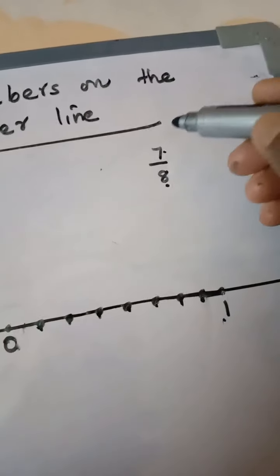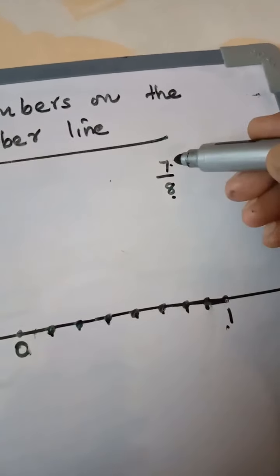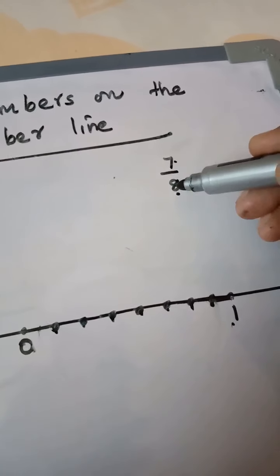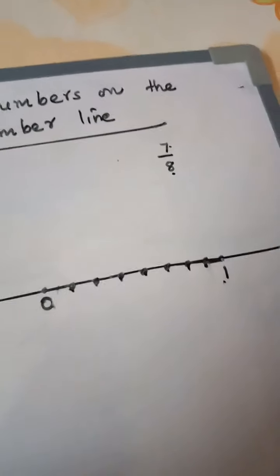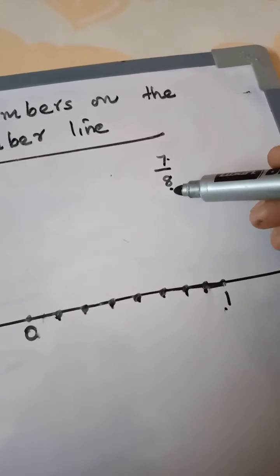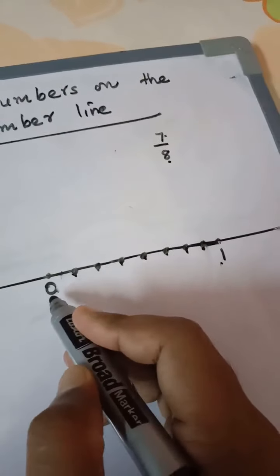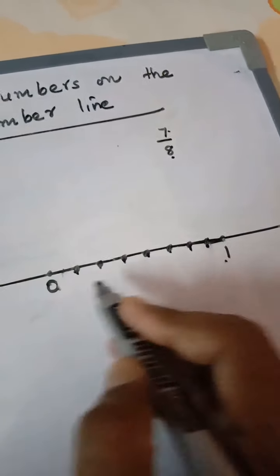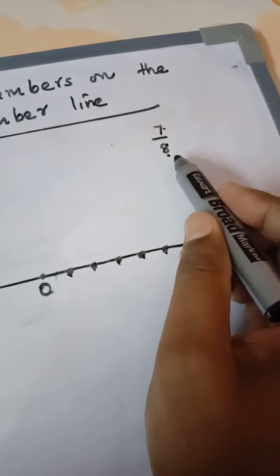Next, second example, rational number 7 upon 8. This is also a proper fraction, so its value will be between 0 and 1. So to represent the rational number 7 upon 8 on the number line, divide the portion between 0 and 1 into 8 equal parts. Here the denominator is 8.